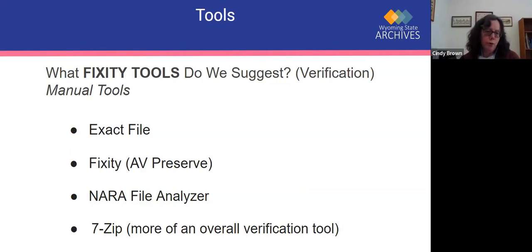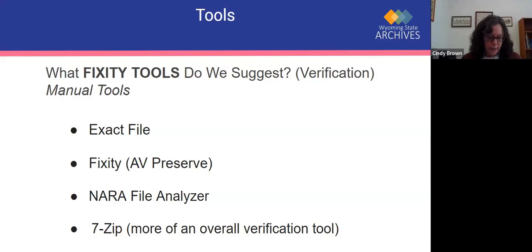Fixity from AVP. There's the pro version of it that has a schedule mechanism, and then there's this manual one. But it is a subscription-based tool, which can be manually run, or like I said, set to regularly review and monitor checksums.